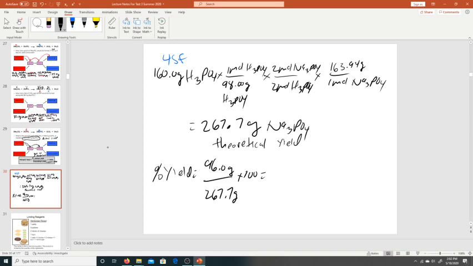So 96 divided by 267.7, times 100, gives us 35.9 percent. So this is now the percent yield for this experiment.